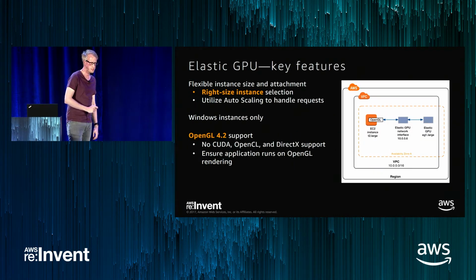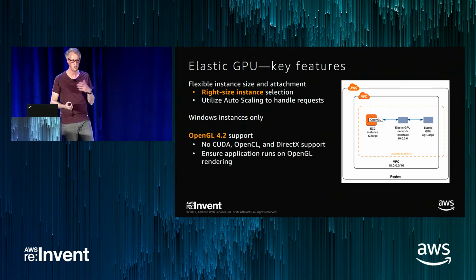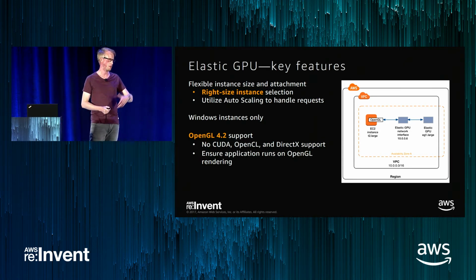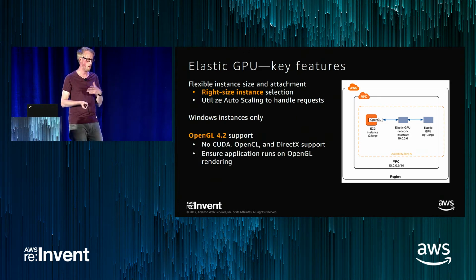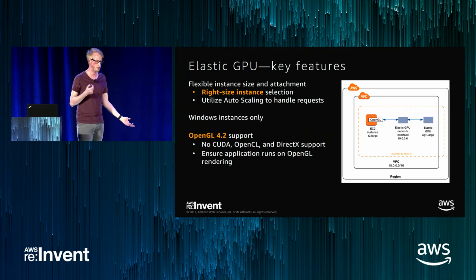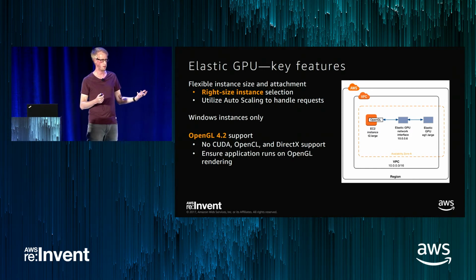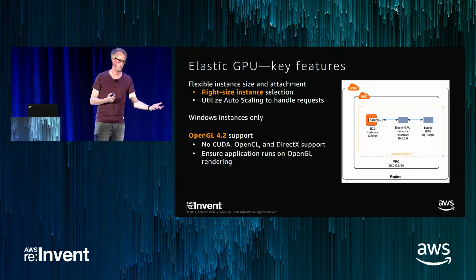Another option is that we use something called Elastic GPU. We might not need the full power of these super GPUs. We might just need a bit of GPU power because we have some application, let's say we're not rendering the final picture of the product, but we're trying to render the assembly instructions for our couch.